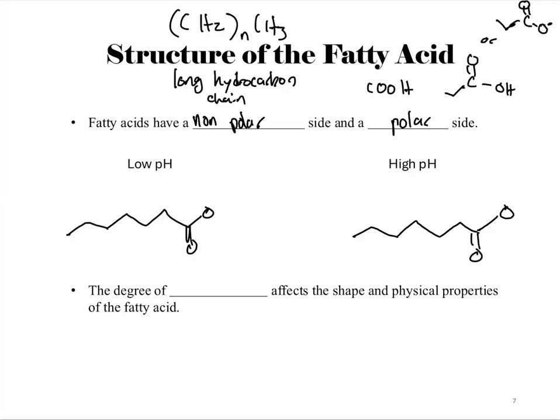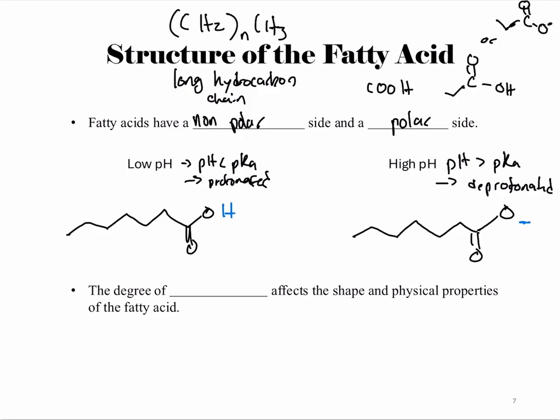If the pH is lower than the pKa, we favor protonated. And if the pH is greater than the pKa, we favor the deprotonated. I'll do that in different colors. So this will be OH, this will be O minus.